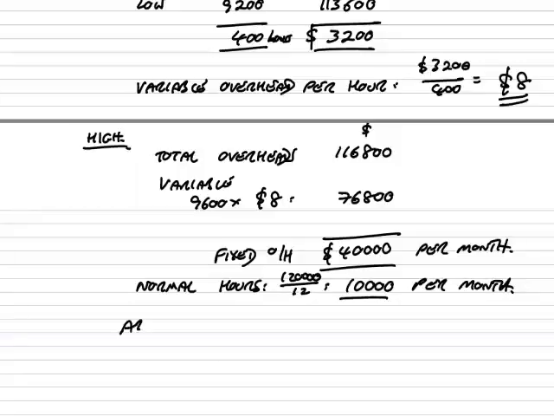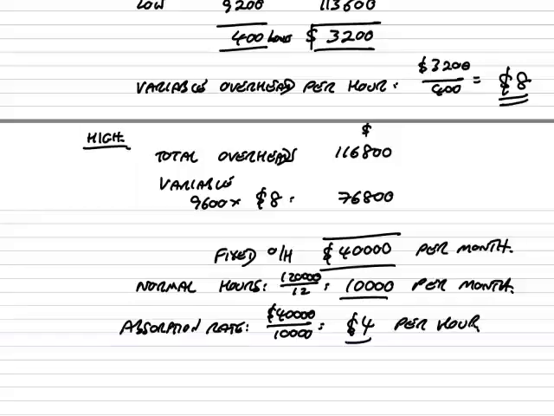And so the absorption rate, 40,000, 10,000 hours, $4 per hour.